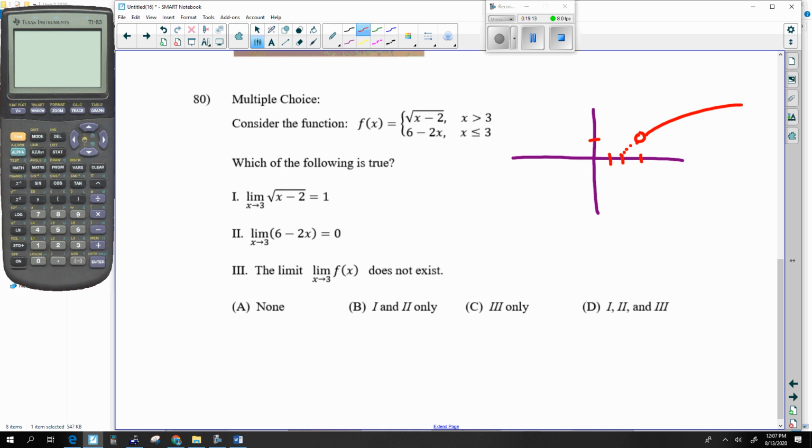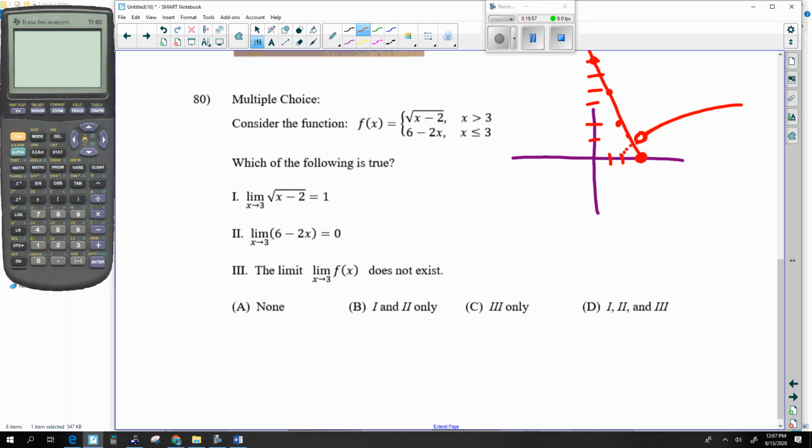So 1, 2, 3, 4, 5, 6, down 2 over 1. Down 2 over 1. So I think they miss each other. If I put in a y of 0, that would be equal to 3. Yeah, okay, so these are in line with each other, they're not at the same spot.